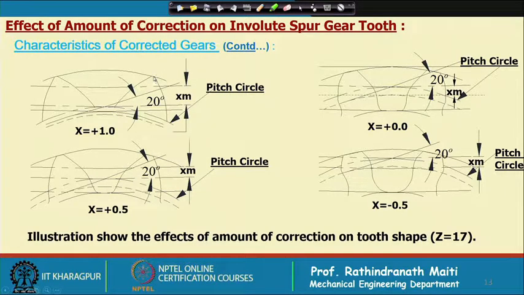One thing to be observed, the tip is almost pointed. So, we will discuss later, there is a certain limit, we cannot go for any amount of correction for any number of teeth. Now, if it is given no corrections, then the tooth profile is something like this.